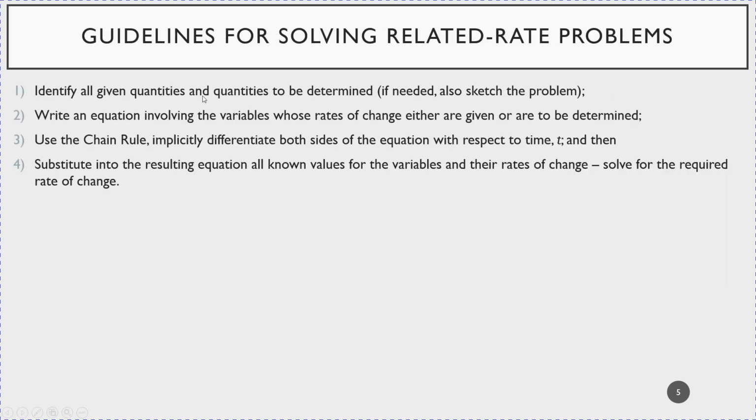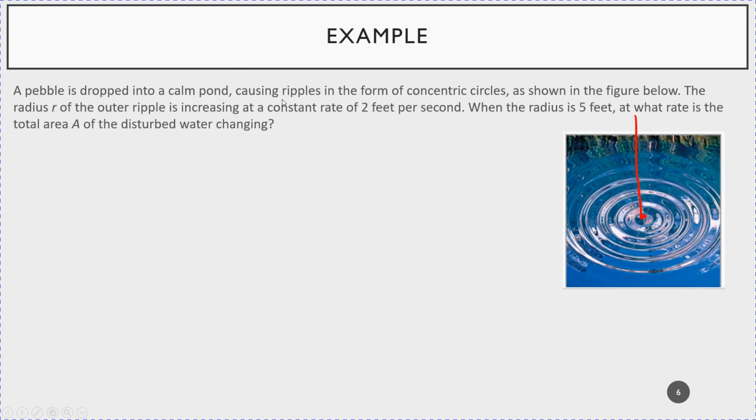Identify all given quantities and quantities to be determined. Right off the bat, the radius r of the outer ripple is increasing at a rate of change of 2 feet per second. So what you're given there is the rate of change of the radius, dr/dt. That's the derivative, the rate of change. So this is 2 feet per second.